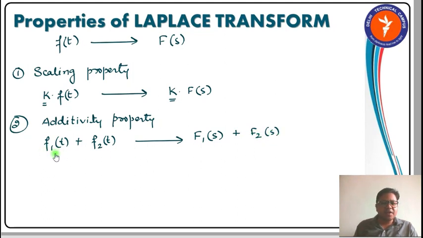So the Laplace transform of f1 of t was F1 of s, and the Laplace transform of f2 of t was F2 of s. Then the Laplace transform of their addition will be equal to the Laplace transforms of the individual functions added up in the resultant. This is the additivity property.